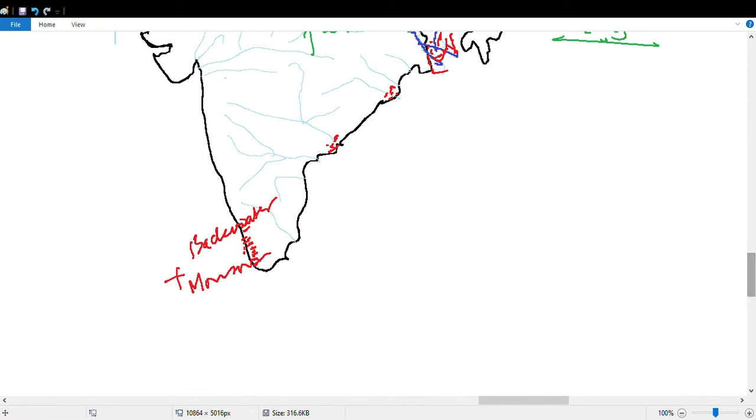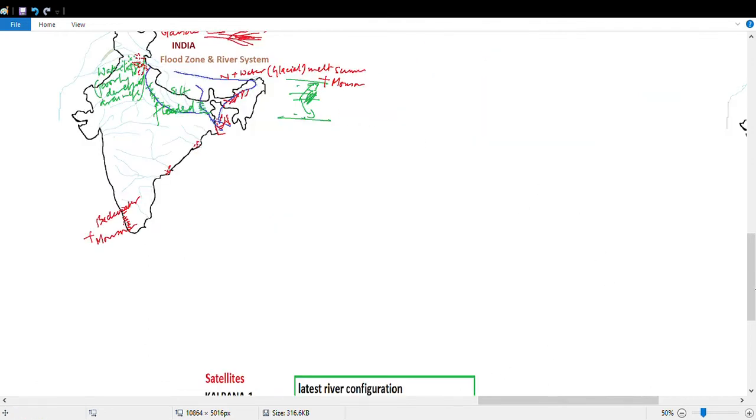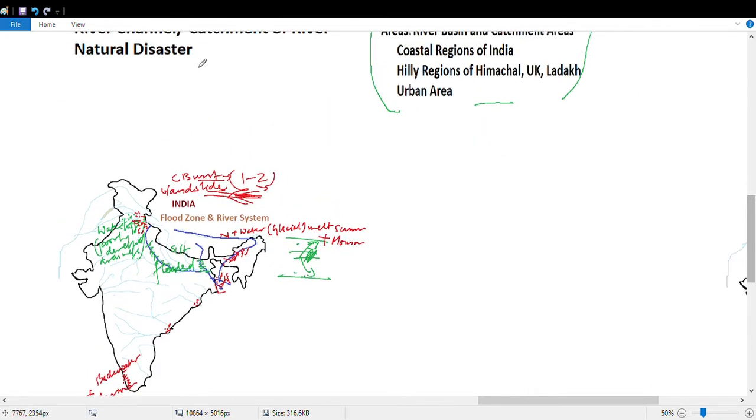Heavy rainfall is one of the biggest reasons.